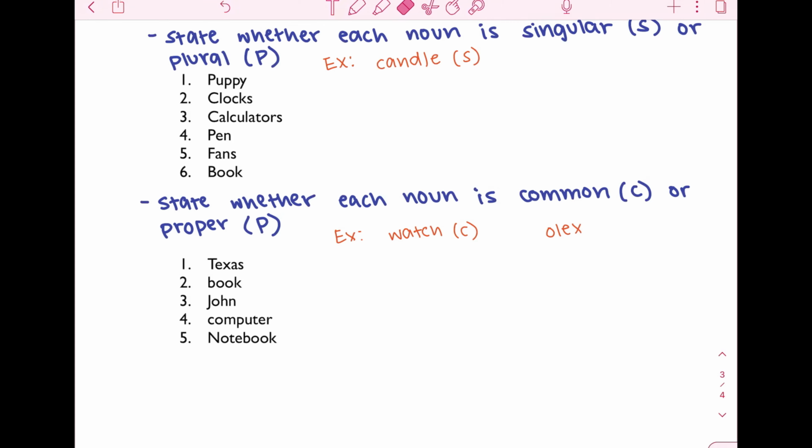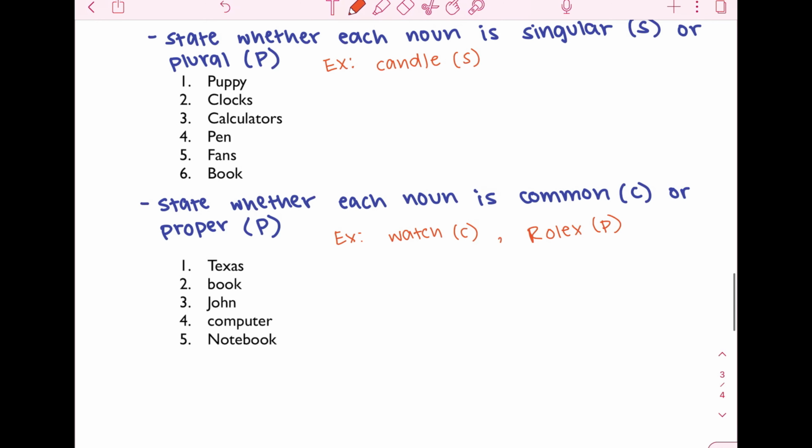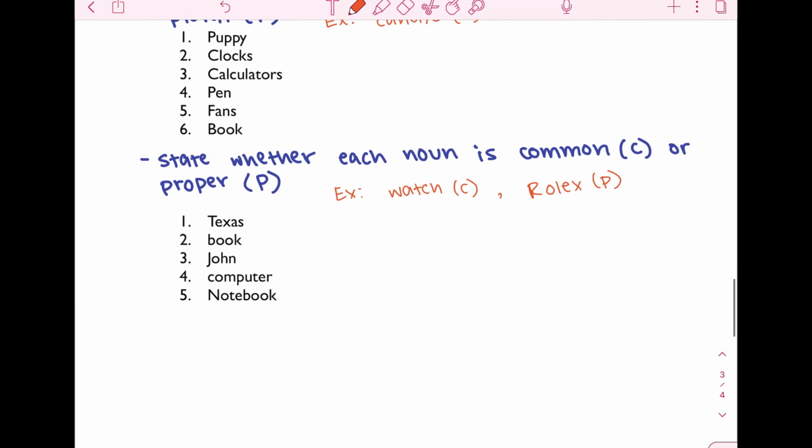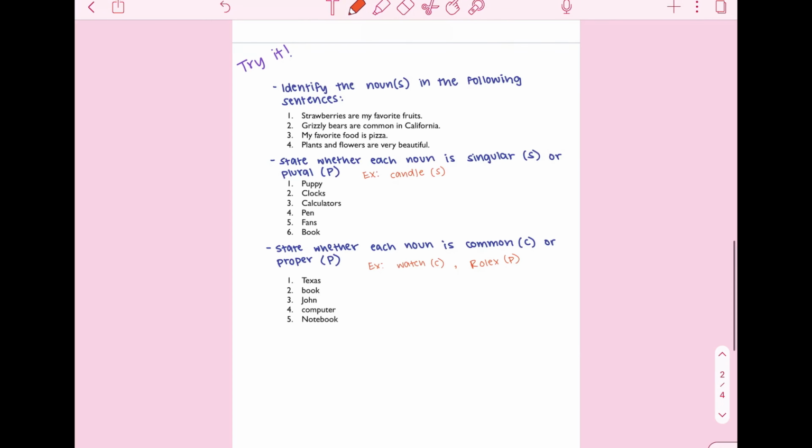And actually, this might be capitalized. Sorry. Let's say I said a Rolex. This is going to be a proper noun because we're pointing to a very specific watch. Okay, so those were our two examples, and that sums it up for the try it section.